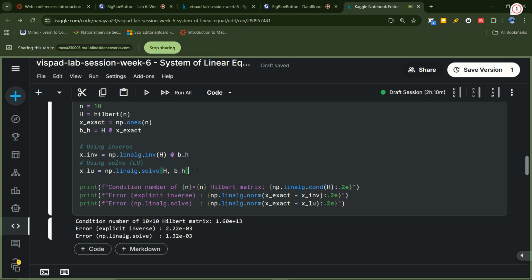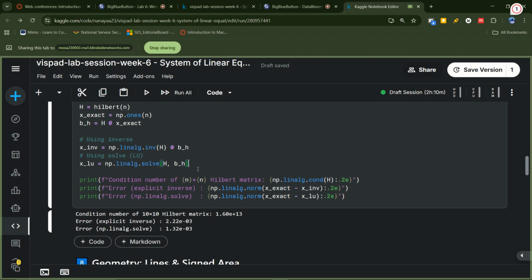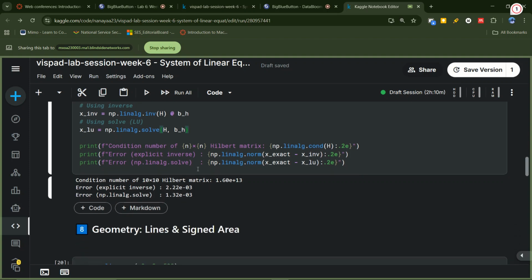So it tries to use the inverse, and it tries to use LU. And what is all this trying to tell us? This shows how badly the inverse performs when the matrix is ill conditioned.